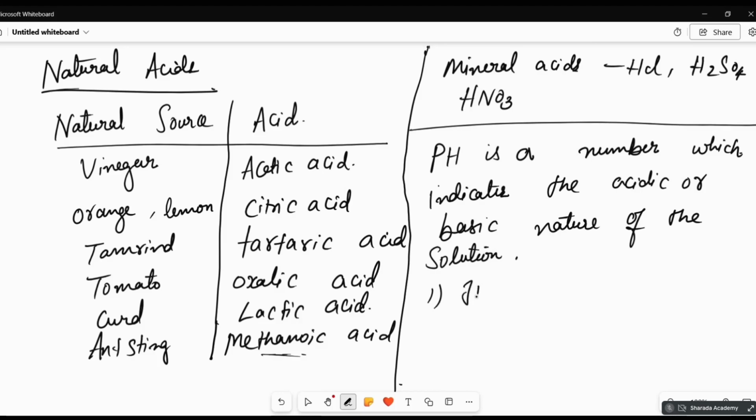Okay, first one, if pH is greater than 7, it's a base, correct.